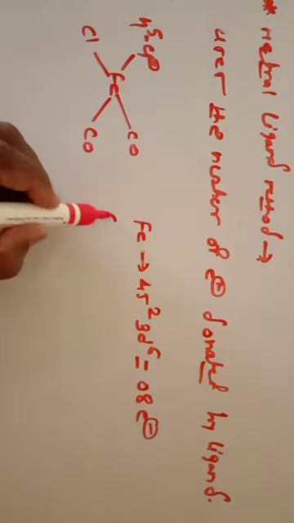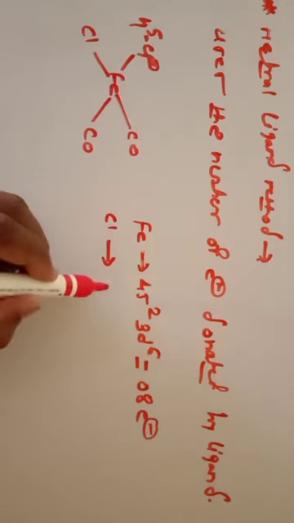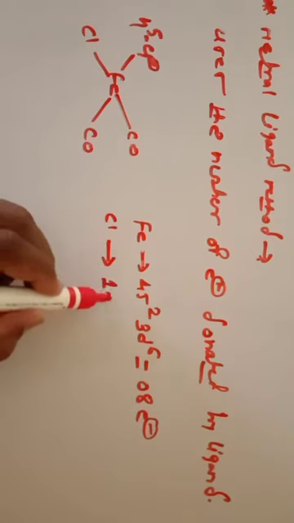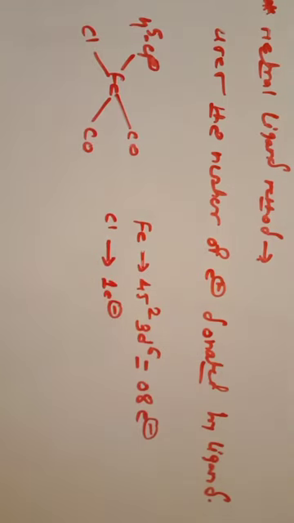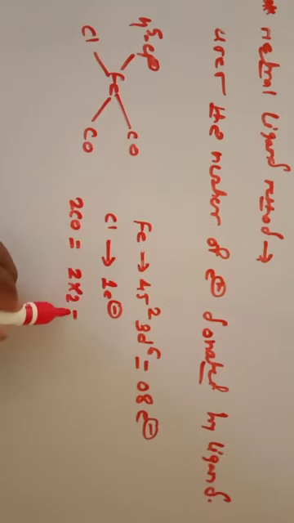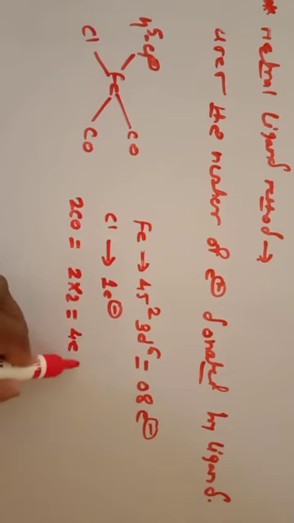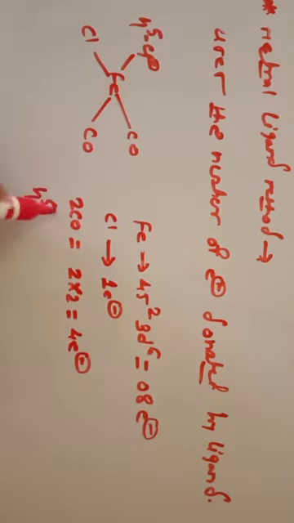The chlorine, the halides are 1 electron donors, so it contributes 1 electron. Then the 2 CO, the carbonyls are 2 electron donors, so 2 into 2. Each carbonyl contributes 2 electrons, so the carbonyls contribute 4 electrons.